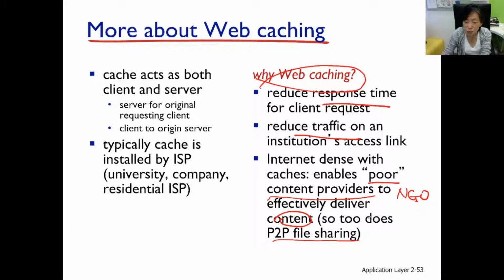The idea of P2P file sharing is, hey, if I have a copy of the content and another peer grabs a copy of it, then this other peer can help serve the other peers. So that peer is working pretty much like a web cache, isn't it? Like a proxy server. So you could think of a P2P network as a network of these proxy servers. Okay. And you saw a bit already.